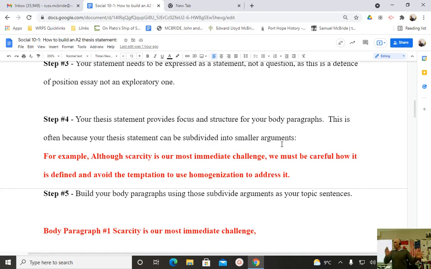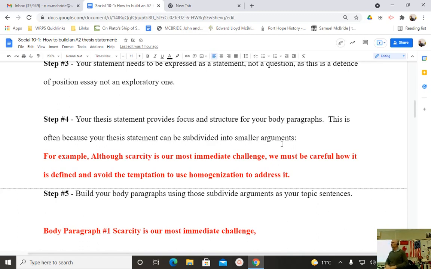So body paragraph 1: scarcity is our most immediate challenge. That might be your topic sentence. And the purpose of that body paragraph will be to explore that position, to offer supporting arguments and evidence. And then body paragraph 2: we must be careful how we define scarcity.